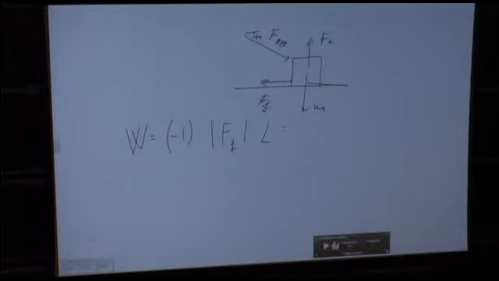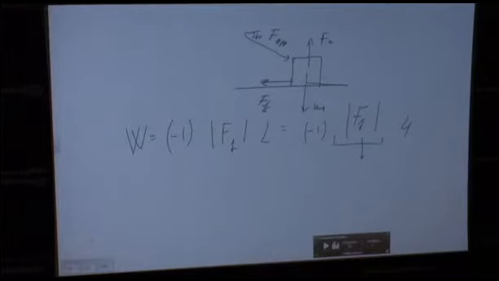And -1, cosine of 180, times distance, which is 4 meters. Those are clear parts. So it turns out, for calculating the work done by friction, we just have to go back in time and solve the problem about forces, exactly as we did it before.